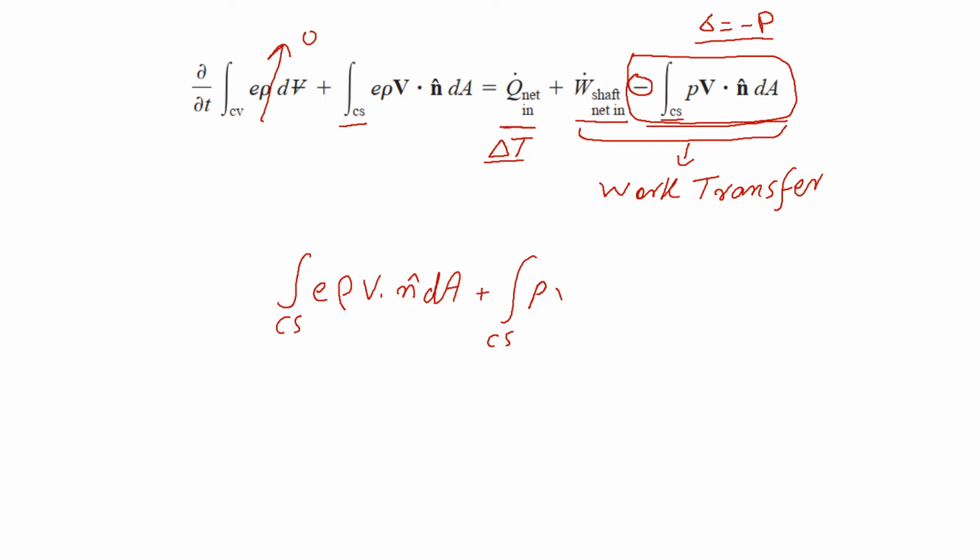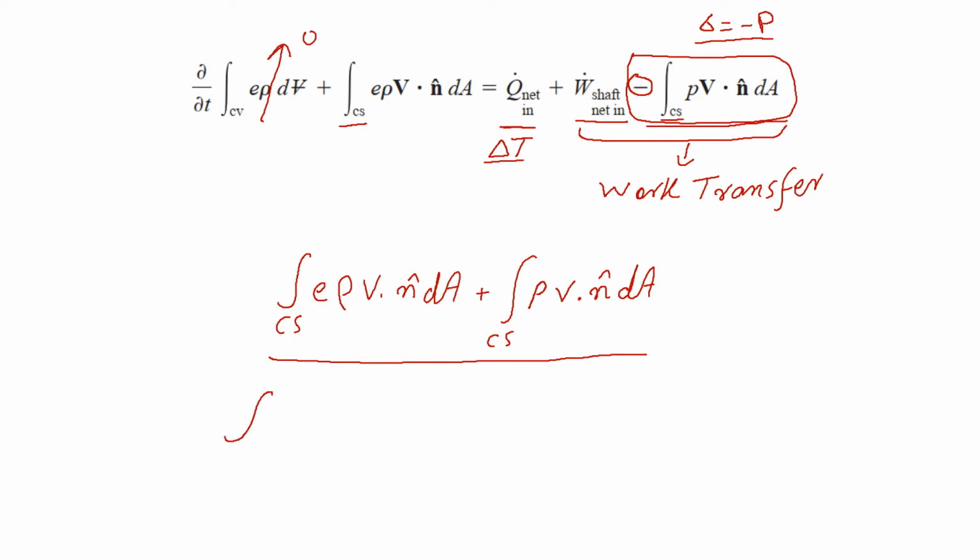So this is the pressure, velocity, and the unit vector normal representing the direction of the area, and the differential of this area. So we can write a single integral for both of these terms.